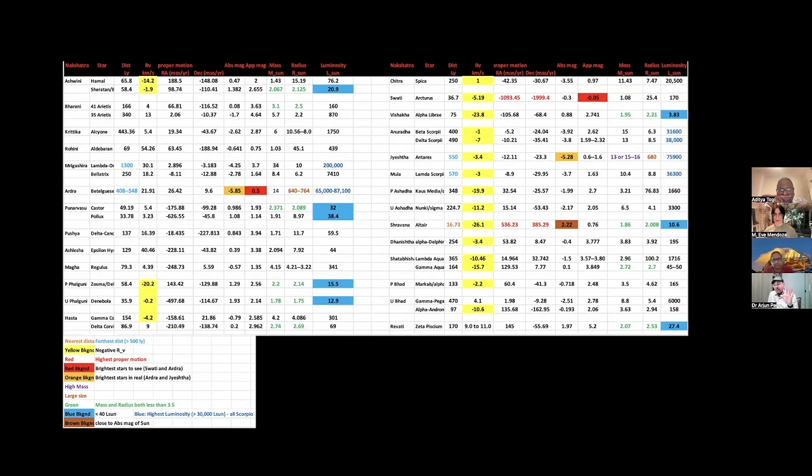So you know the formula for how the nakshatras are mapped to the tattvas.